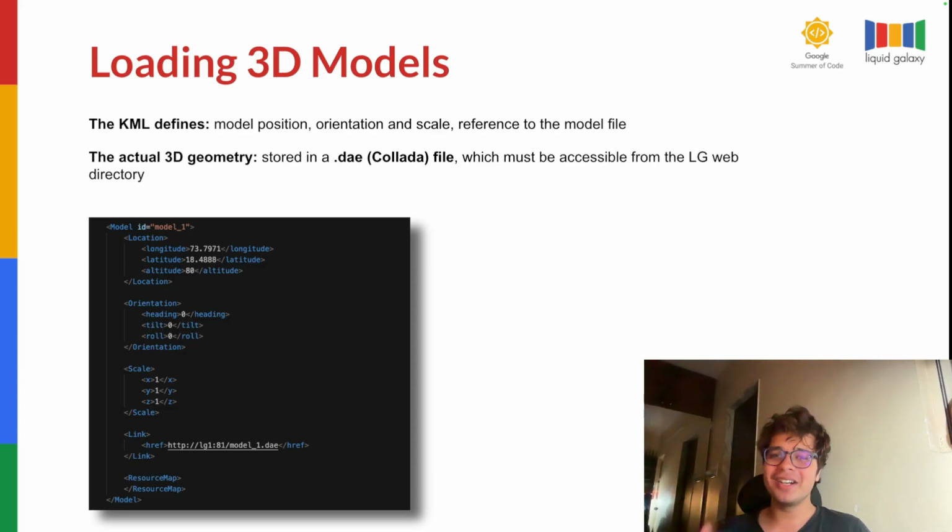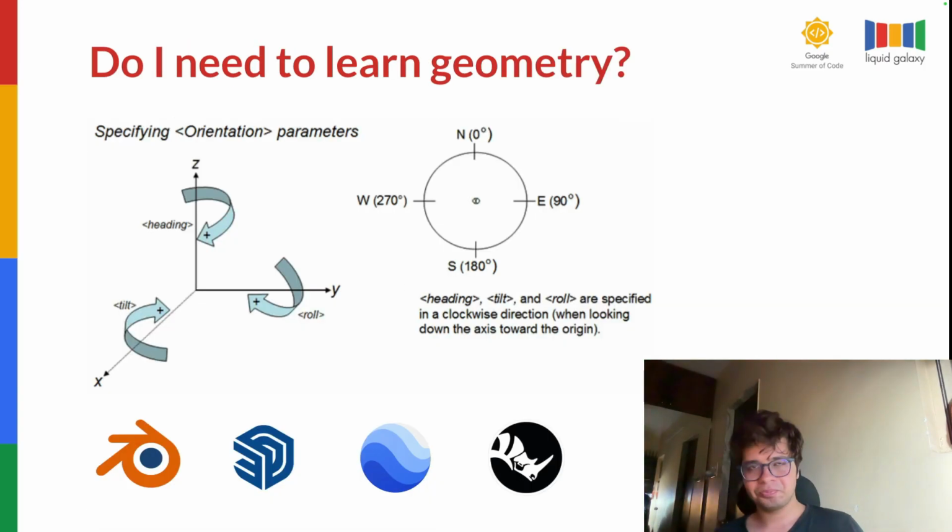So when Google Earth loads the KML, it reads this link, it downloads the model file and it renders it at the specified location which exists in that file. So again, there's a pipeline for the loading process: the KML loads, Google Earth reads that model tag, it fetches the .dae and then it renders that object, and that's how it loads in the end.